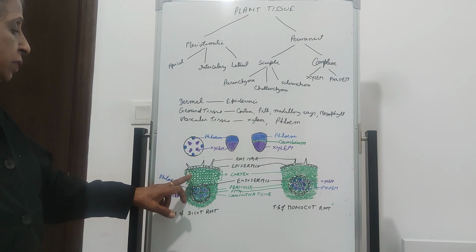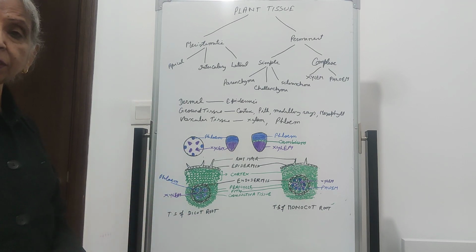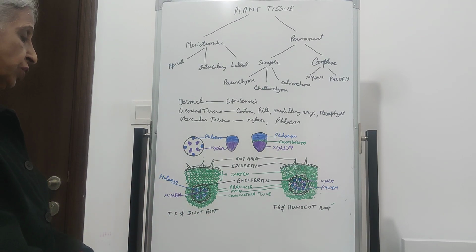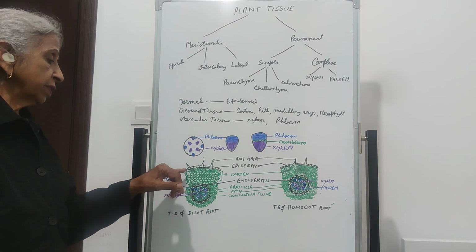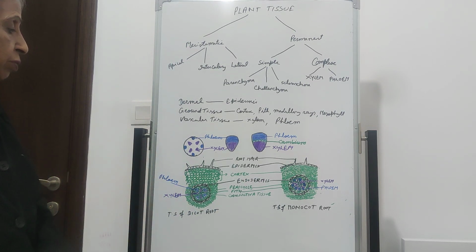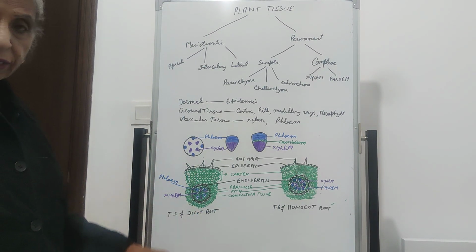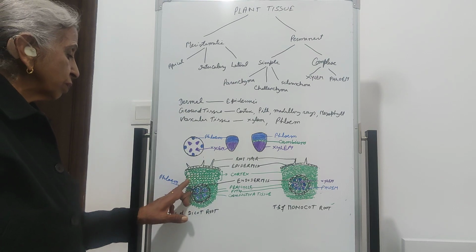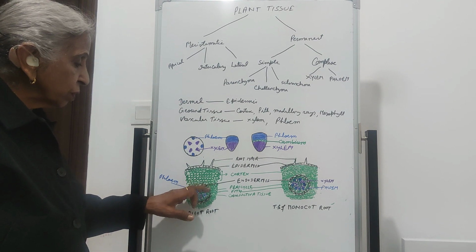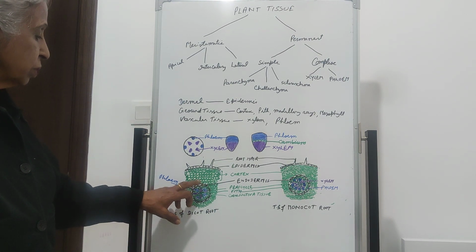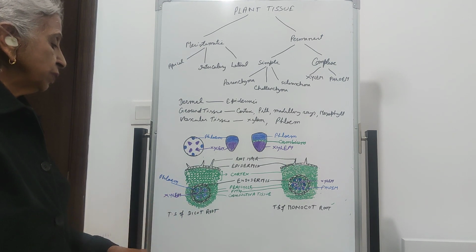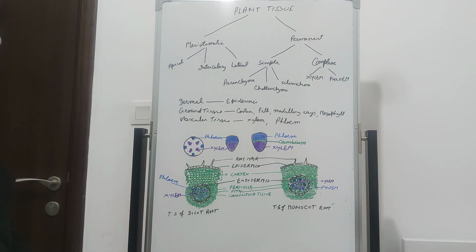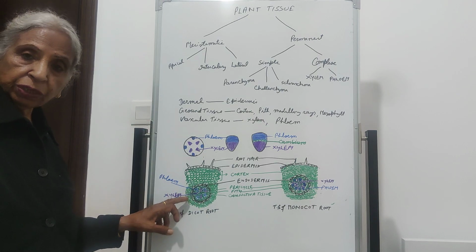Next to the epidermis are parenchymatous cells, loosely arranged with large vacuoles and intercellular spaces. They form the cortex. The innermost layer of the cortex is modified into barrel-shaped cells, which form the endodermis.